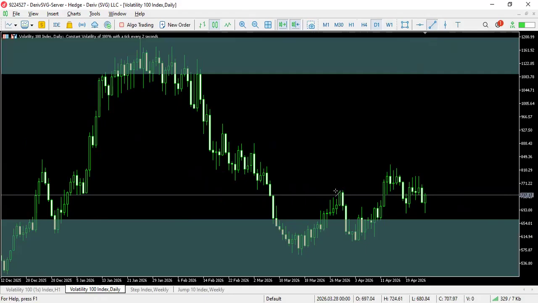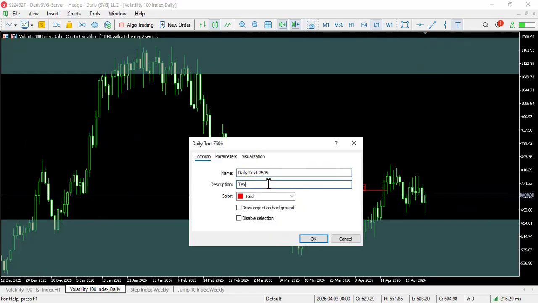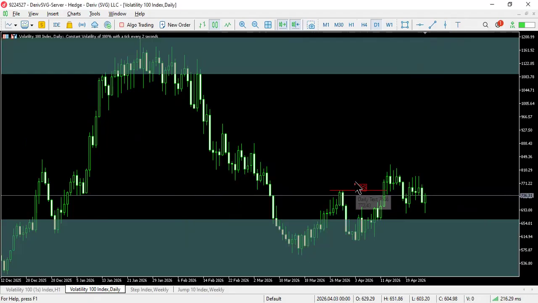So from the daily time frame, we have this break of structure right there.